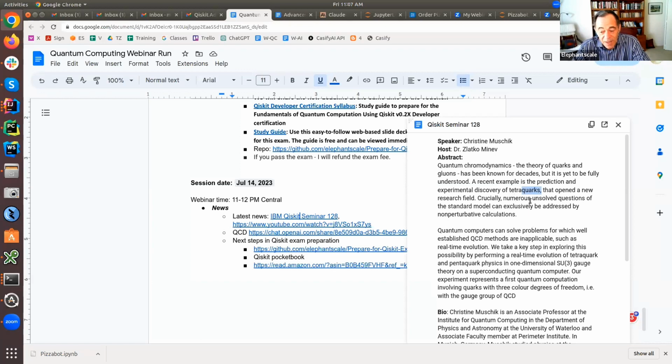In quantum physics, right? Now, this is not quarks. This is tetraquarks, new things. They discovered them, and they usually discovered them by doing theoretical research, and then they try to actually observe them. Of course, there is no microscope that will allow you to see them because they're smaller than electrons that are used in electron microscopes.